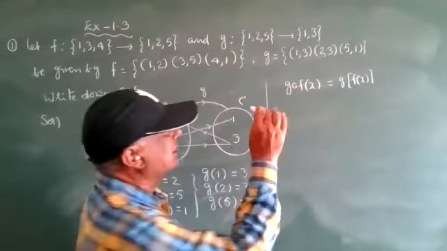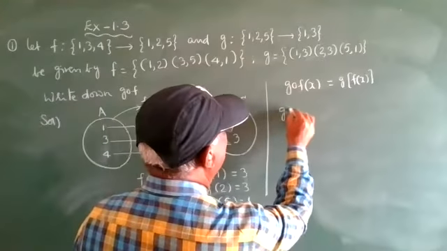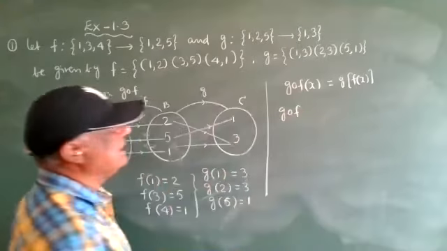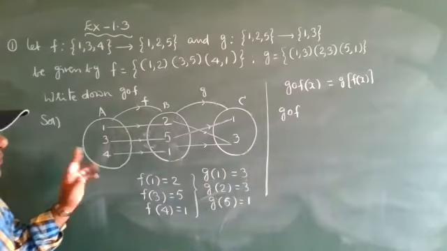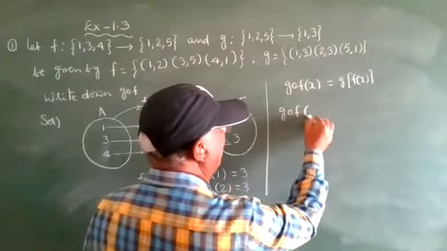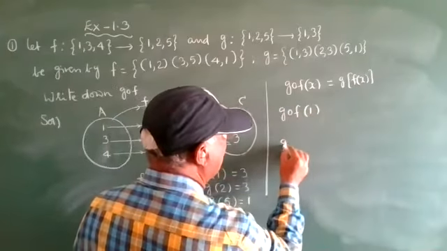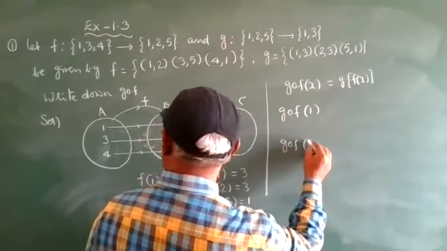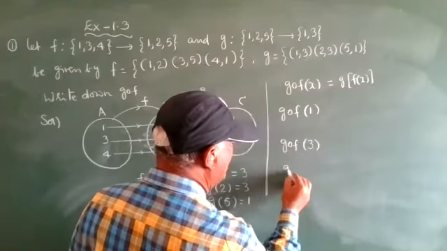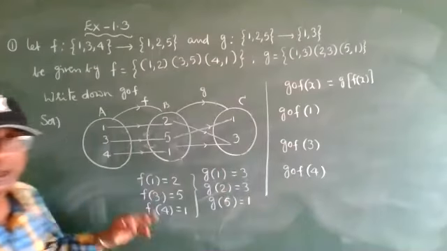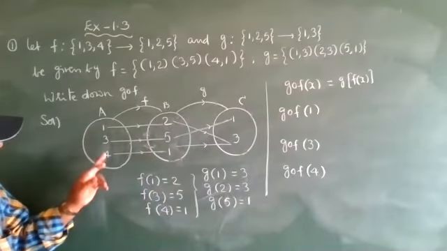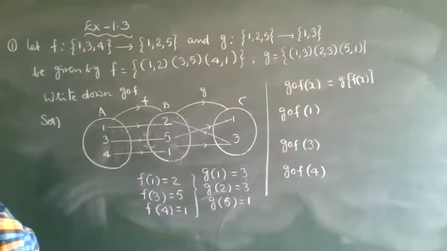Right, based on this, G circle F: the F elements are 1, 3, 4. F takes 1, G circle F element is 3. Next, G circle F element is 4. So the F elements are 1, 3, 4.